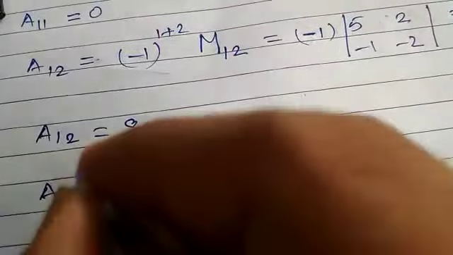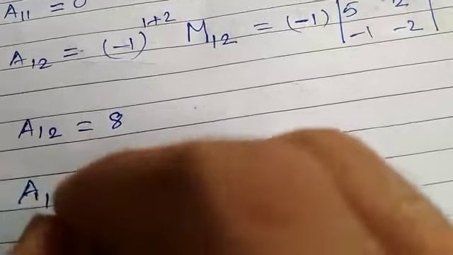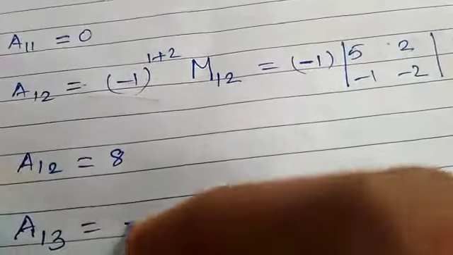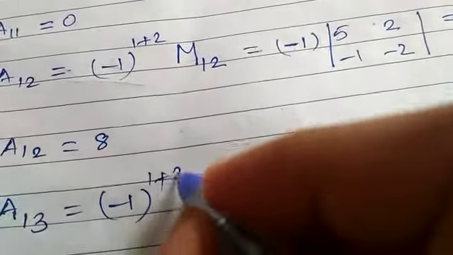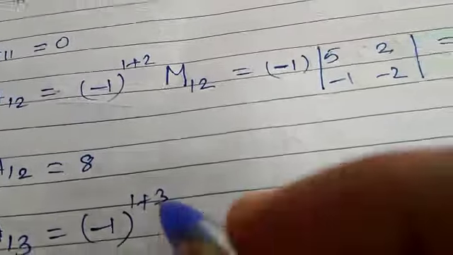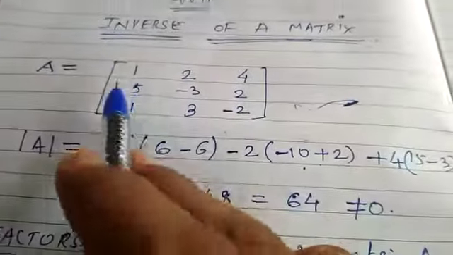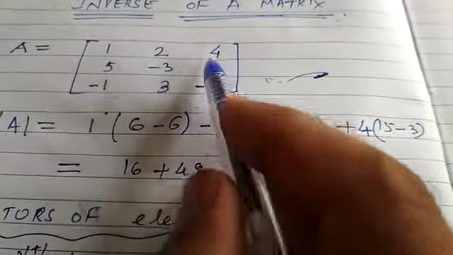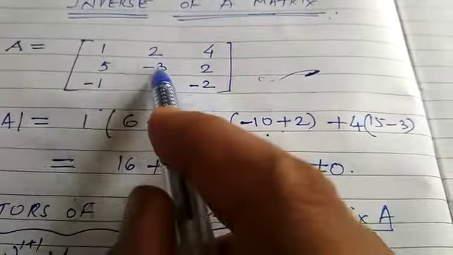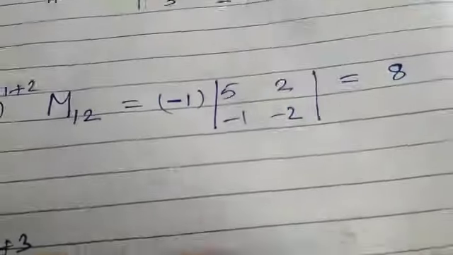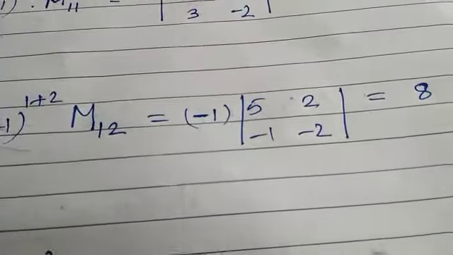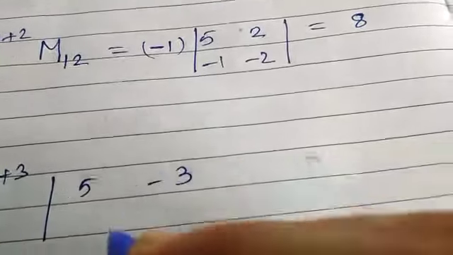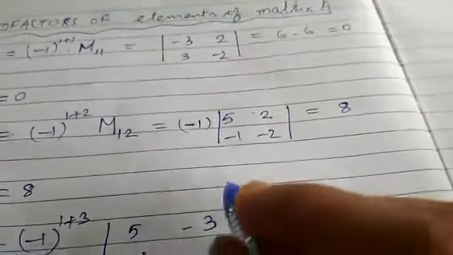Now similarly first row third column element, again it is minus 1 to the power 1 plus 3. We have to hide this first row and third column. So 5 minus 3 minus 1 3 into minor 5 minus 3 minus 1 3.